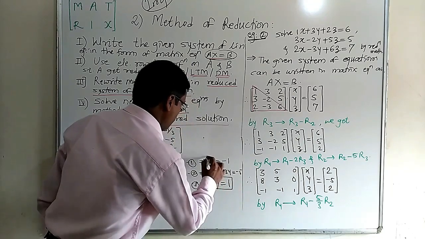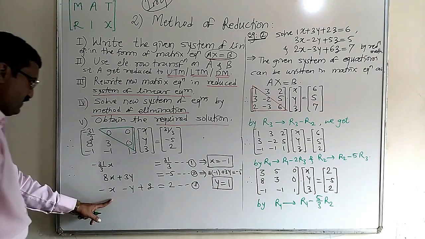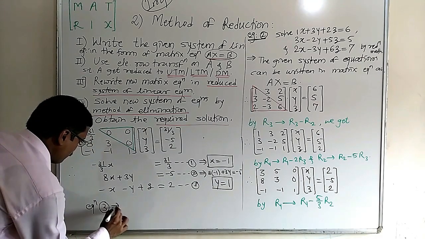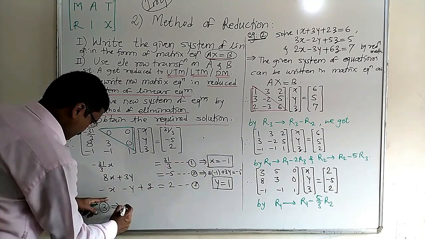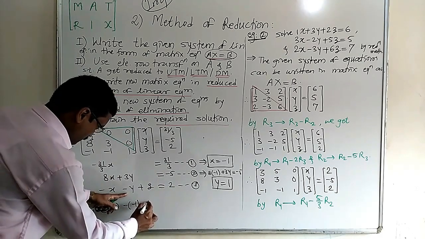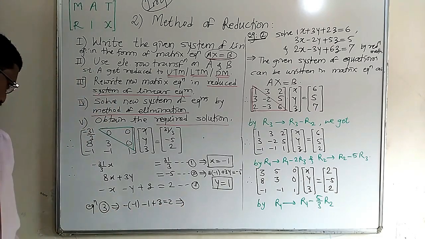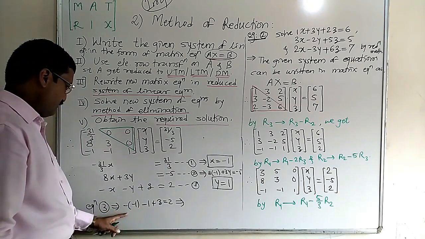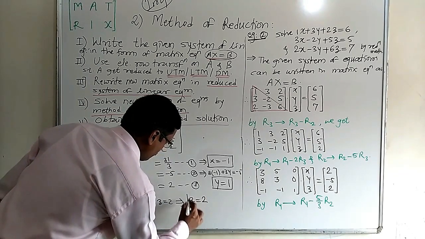So y equal to 1, x equal to minus 1. Now obtain the value of z from equation 3. x is minus 1, so minus of minus 1 minus y, which is 1, plus z equal to 2. So plus 1 minus 1 will cancel, z equal to 2. So z is equal to 2.